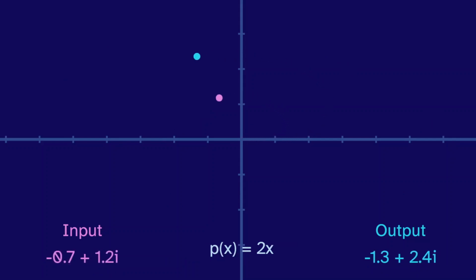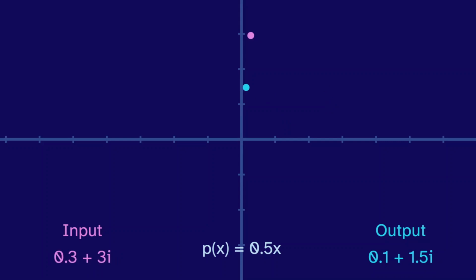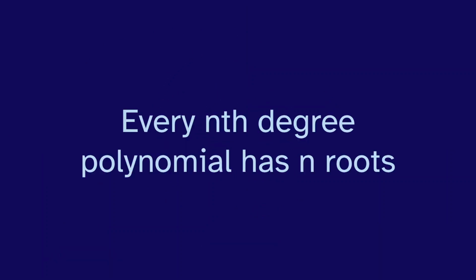The polynomial 2x gives us an output that is twice as far from 0 as the input, whereas 0.5x gives us the output that's half the distance. So now we have a way to graph these points. Let's use this to prove the fundamental theorem of algebra. Every nth degree polynomial has n roots. But this isn't the only form of the fundamental theorem.